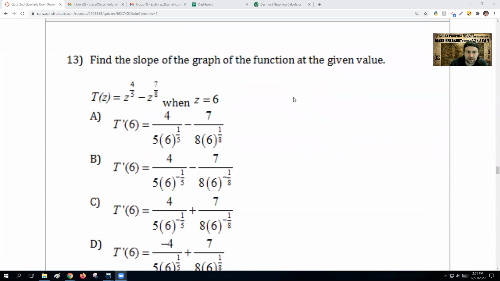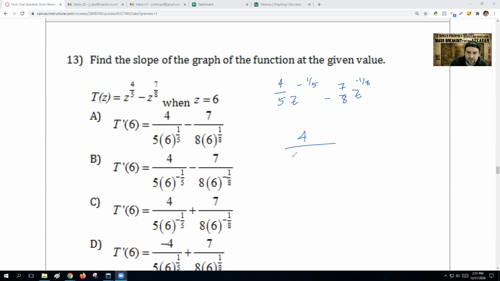All right, find the slope. Okay, let's see. Well, there's not much we can do with those, so we'll just take the derivative. This would be 4/5 z to the -1/5 power, and then minus 7/8 z to the -1/8 power.